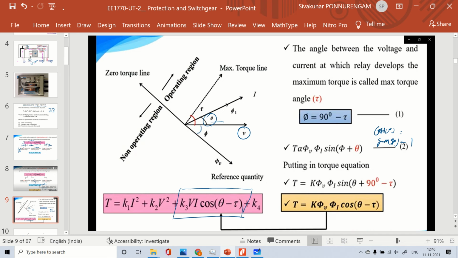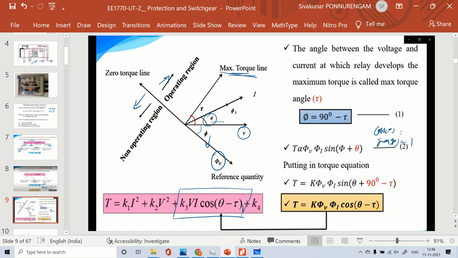Again we are projecting this V. This voltage produces the flux phi of V, and this current produces the flux phi. So we consider the maximum torque at 90 degrees, in this direction. This part is the operating region, and this is the non-operating region, because up to 90 degrees we consider it the maximum torque, sine of 90.